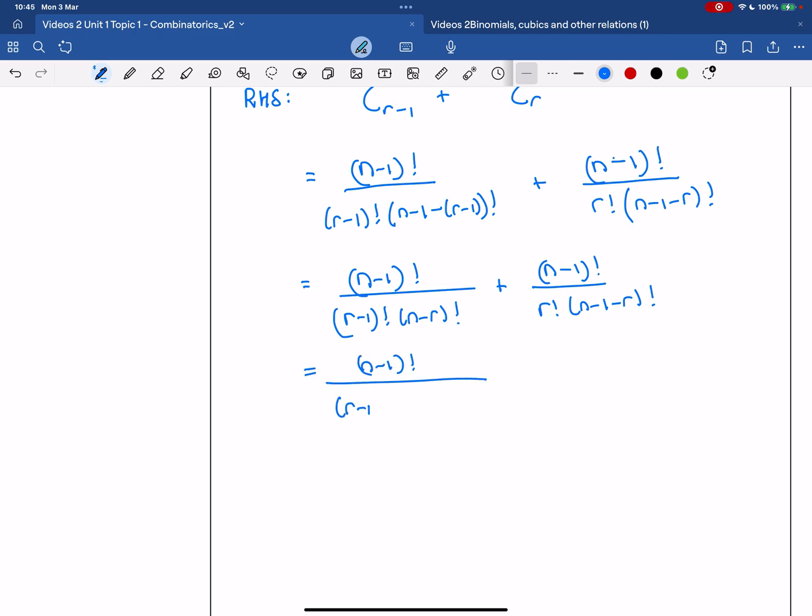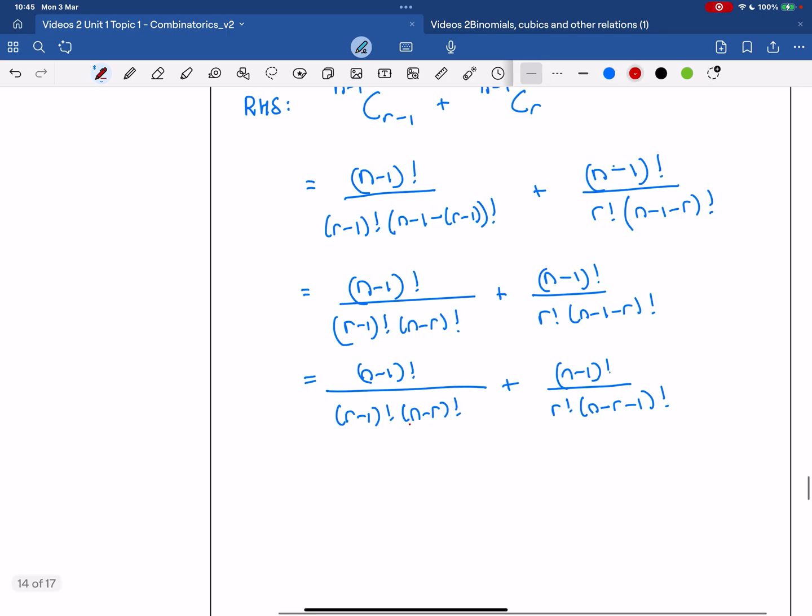So if I've got r minus 1 factorial here and n minus r factorial here, and I've got n minus 1 factorial here, and I've got r factorial, and I'm just rewriting this as n minus r minus 1 factorial, because then you can see that n minus r factorial is actually n minus r times n minus r minus 1 factorial.